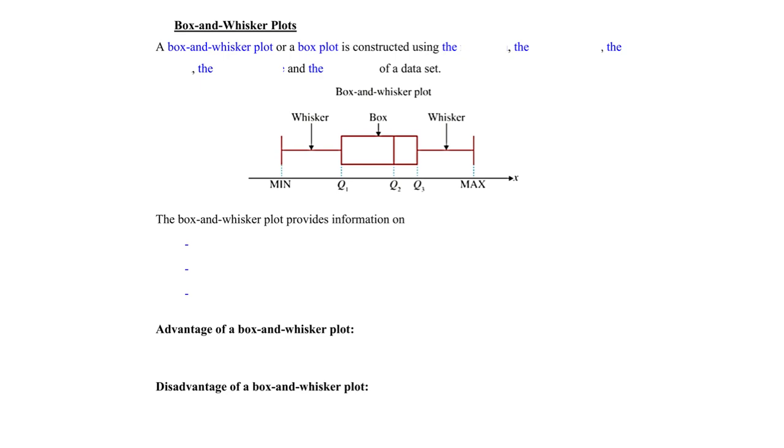Okay, we need the minimum value. So in this case here, the minimum is represented by this line. Also, the lower quartile of that particular data set, which we usually use Q1 to denote, and this is my lower quartile, so this line denotes the Q1.